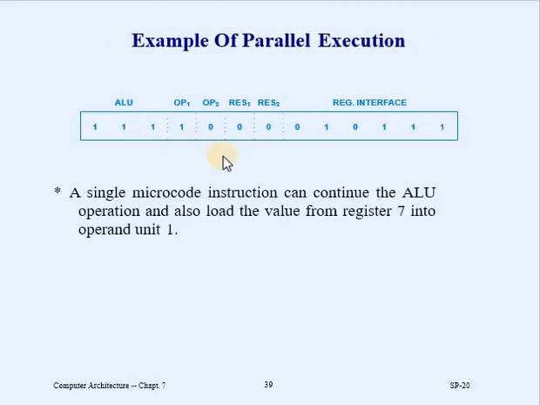Yes, here is the example. Look here that the ALU has 111. It means continue previous operation, and OP1 has again a value of 1. It means that it should load the value from the data transfer mechanism.